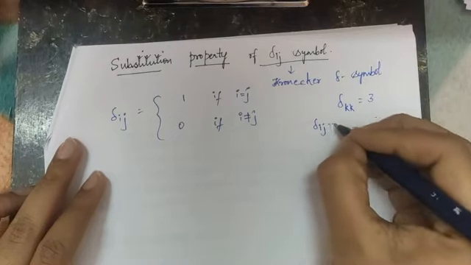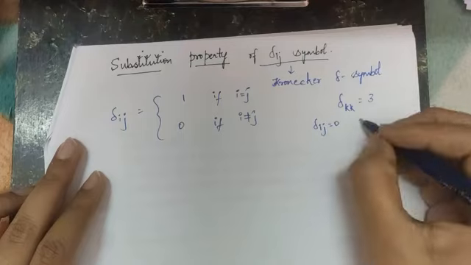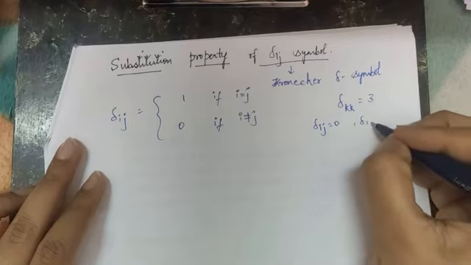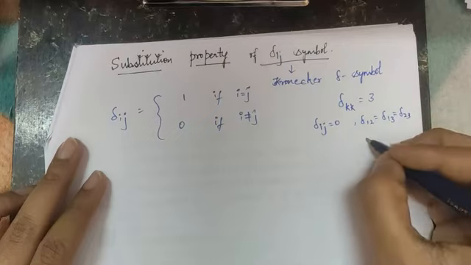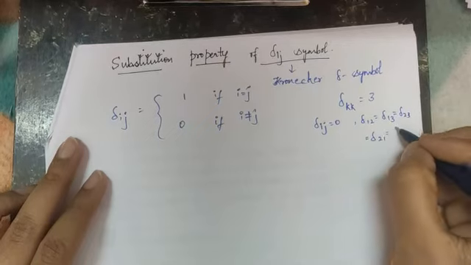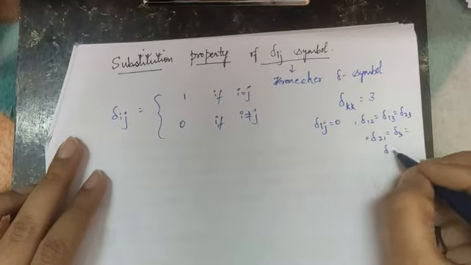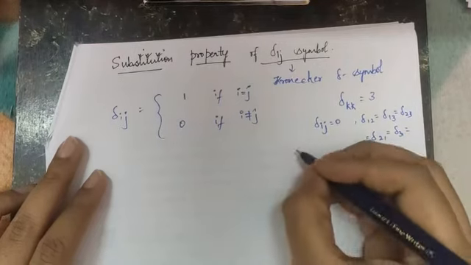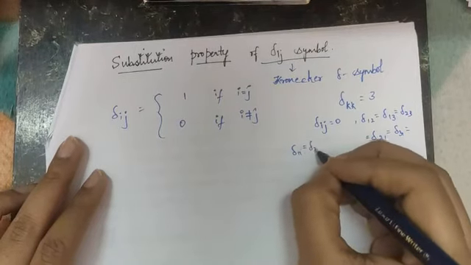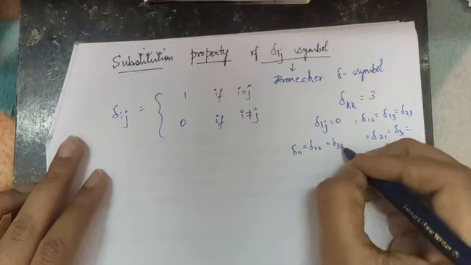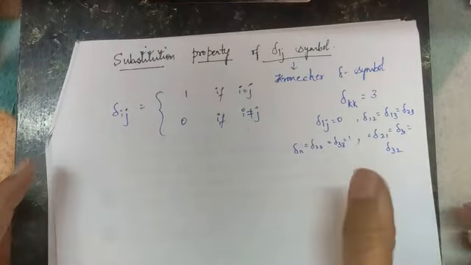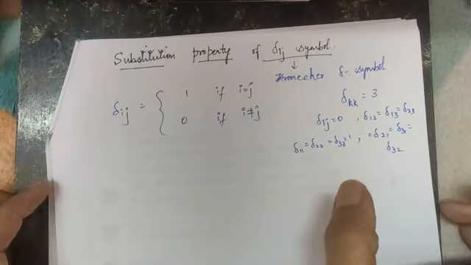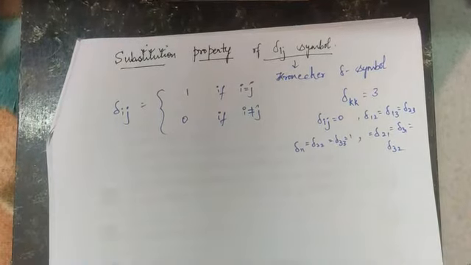Delta ij will be 0 for delta 12, delta 13, delta 23, delta 21, delta 31 and delta 32, right? Whereas delta 11, delta 22, delta 33 will be 1. So this is how we defined our delta symbol, that is nothing but Kronecker delta symbol.